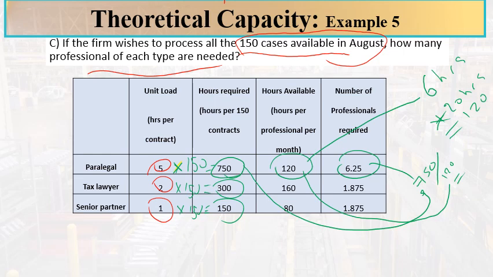So when we go 750 divided by 120, we should get 6.25. Of course, you have to round this up because you can't hire 6.25 people, so 7 people. So you need 7 people in total to meet the target of 150 cases, and we do the same for the rest of the resource pools.